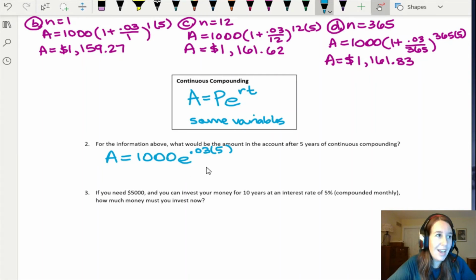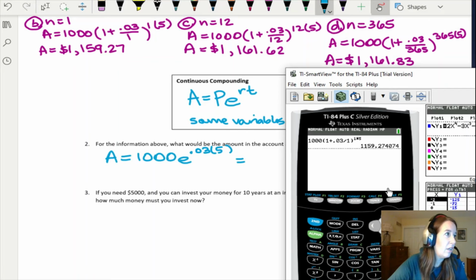So it's really pretty simple because all the big thing in the parentheses is just E now. If you multiply that out in your calculator, remember you have an E button. Let's just go ahead and do that together.